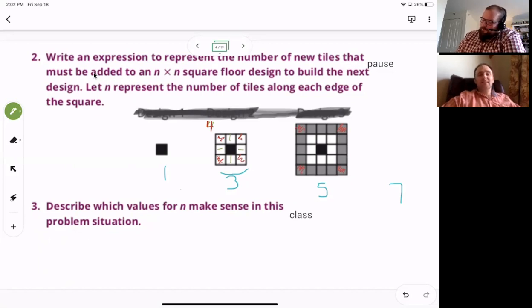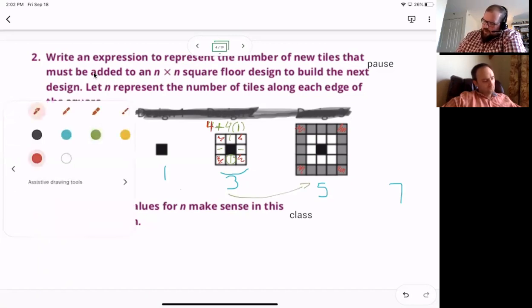I'm sorry. So what I notice is that I'm adding 1 tile, but 4 of them. So I'm going to call this 4 plus 4 times 1. And then here we had 3 tiles going to 5 tiles. I've got my 4 red tiles.